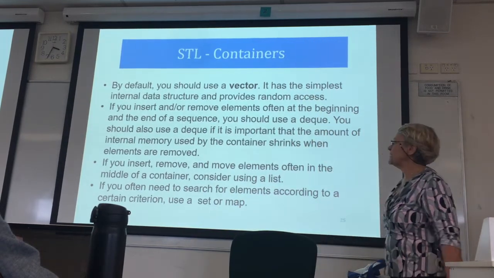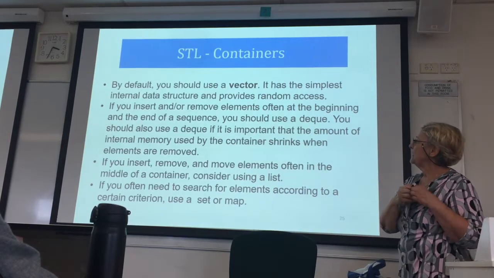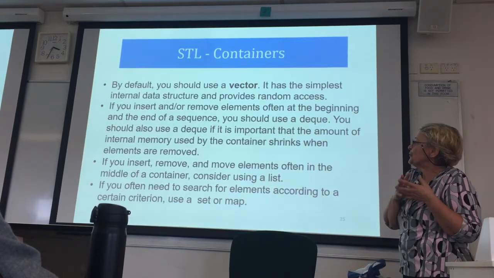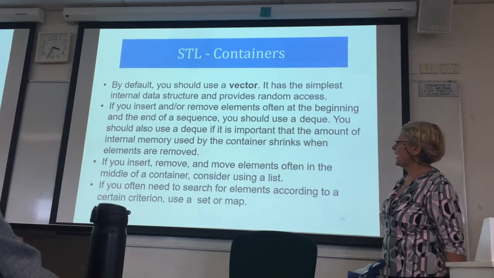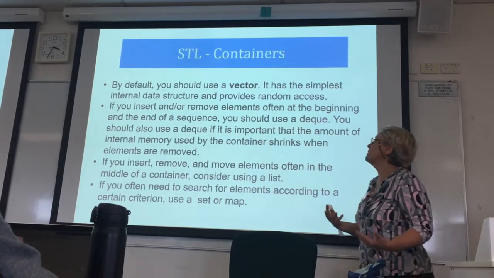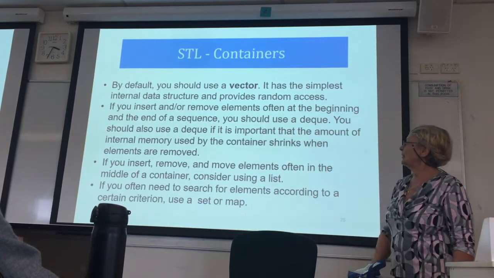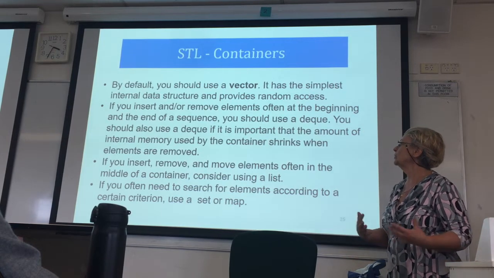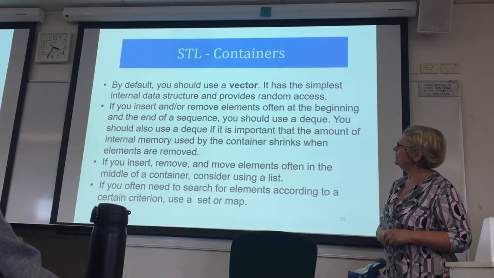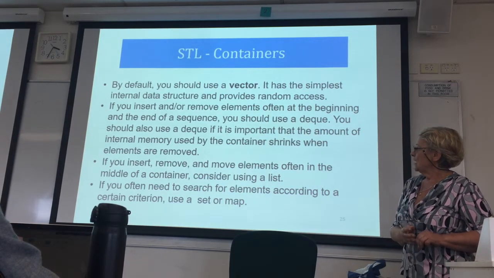So, as I mentioned before, if memory is an issue, you don't have enough memory, or you work with big containers, then memory can become an issue. And in that case, you might want to shrink the container to have enough memory to work.